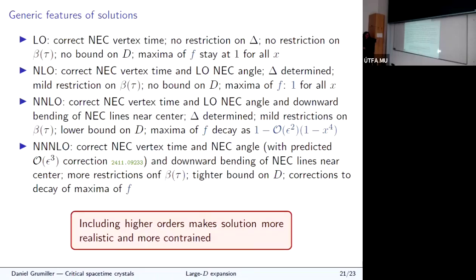So the upshot is that including higher orders makes the solution more realistic and more constrained. And we take this as a positive signal that maybe this large D expansion is something that makes sense, in the sense that the higher you go in the order, the more realistic the solution gets and the better it approximates the solution that we find numerically.